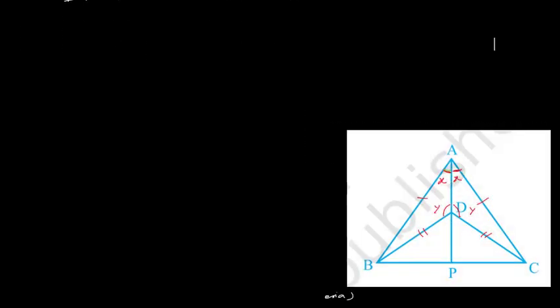Okay, fine. So in triangle ABP and ACP, angle ABP is equal to angle ACP. We can say that they are angles opposite to congruent sides.